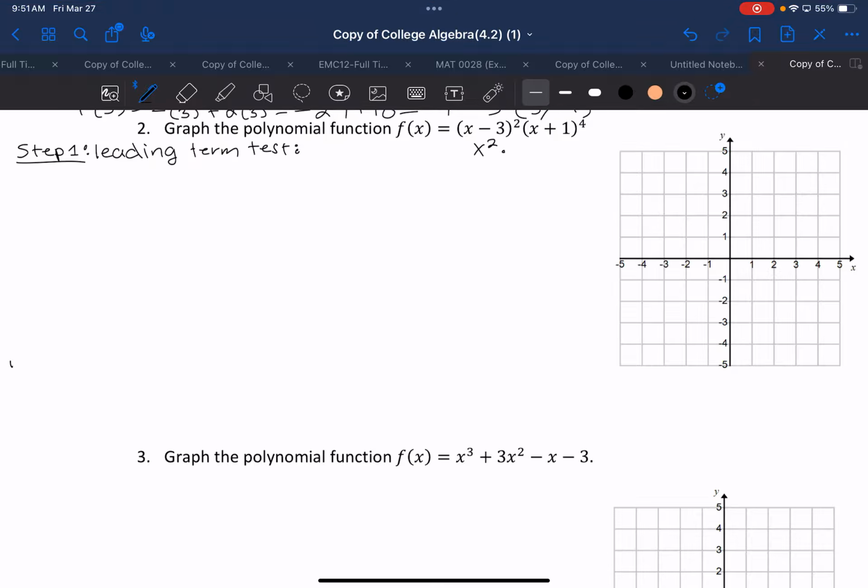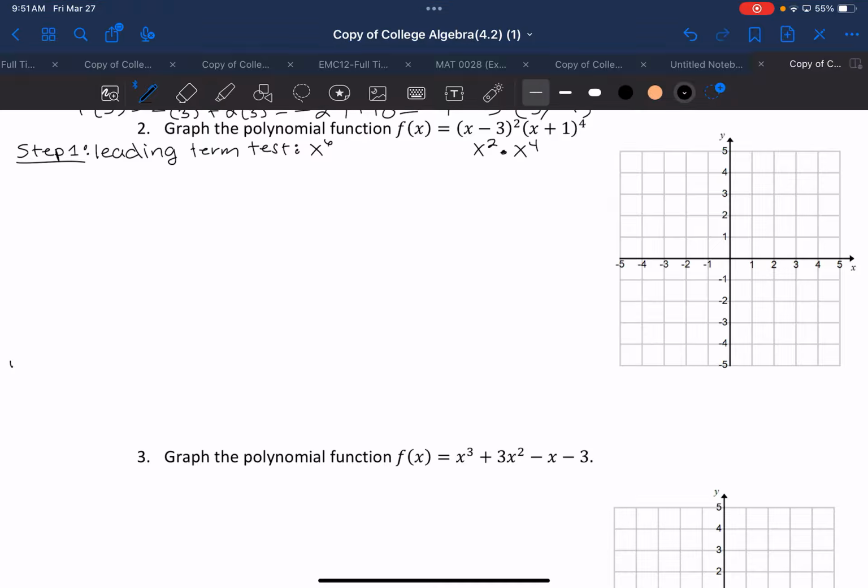X squared times, so what would the next one be using that technique? X to the 4th. Now if I multiply those together, I really just add those two exponents, and that would be x to the 6th. So the leading term, if I multiplied all of this out, would be x to the 6th power.